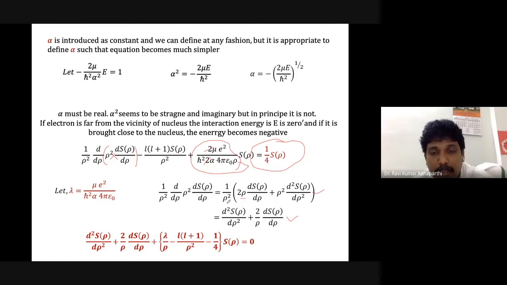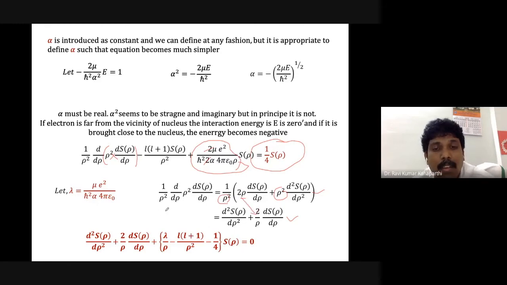Further, 1 over rho square is sitting outside, and you can take it inside, and here 2 rho is there, so rho and this rho both get cancelled out, but 2 by rho remains from this term.